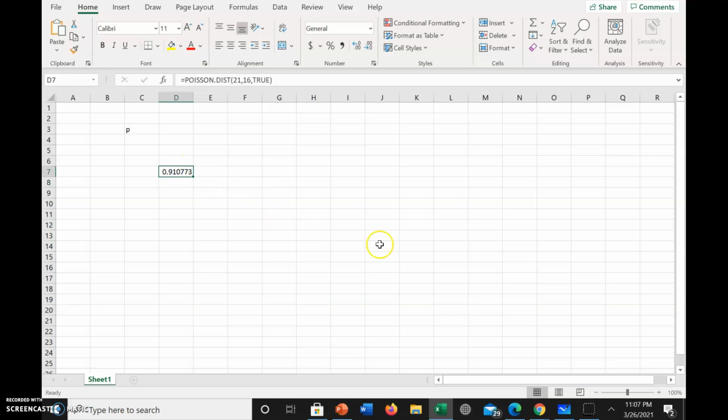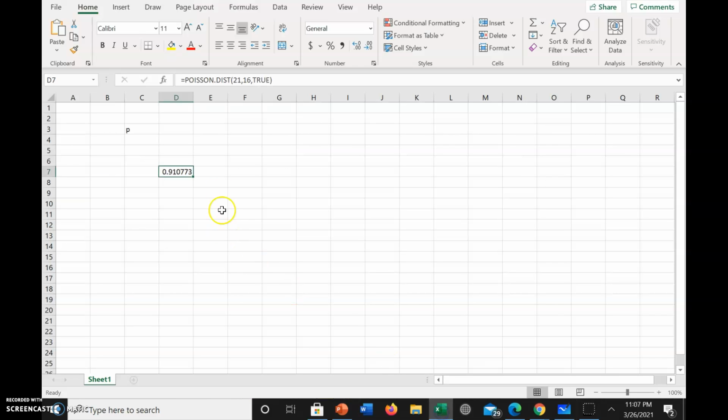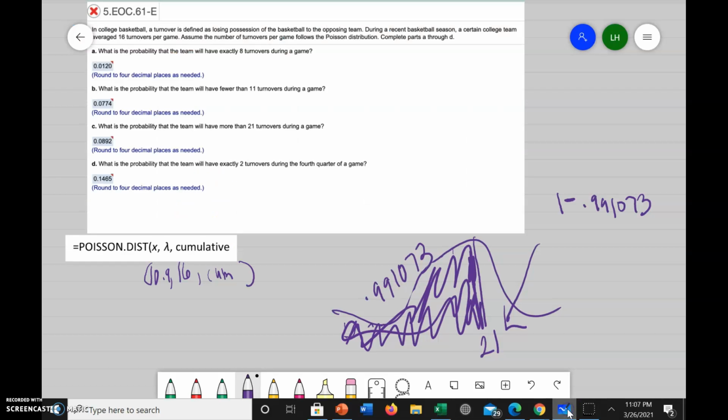So we know that 0.910773 is this side over here, the probability of it being less than or equal to 21. So the probability of it being more than 21 is 1 minus 0.910773, if I calculated that right.